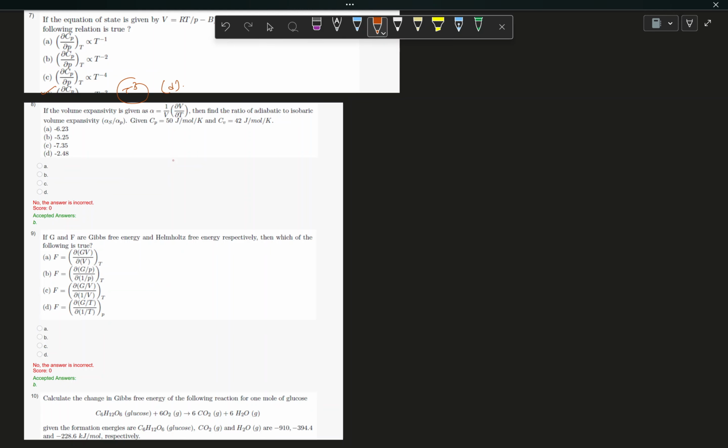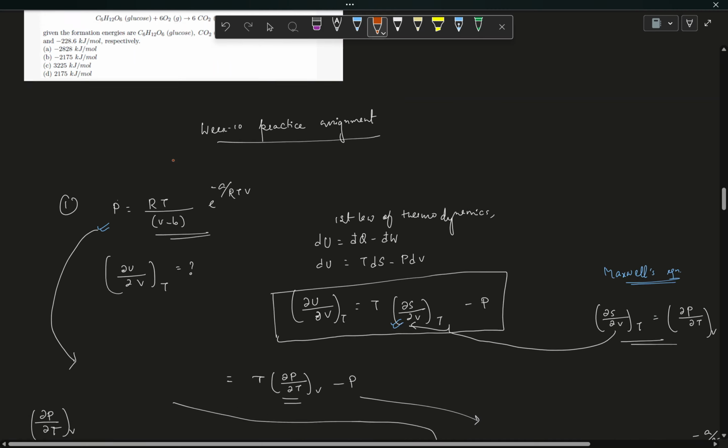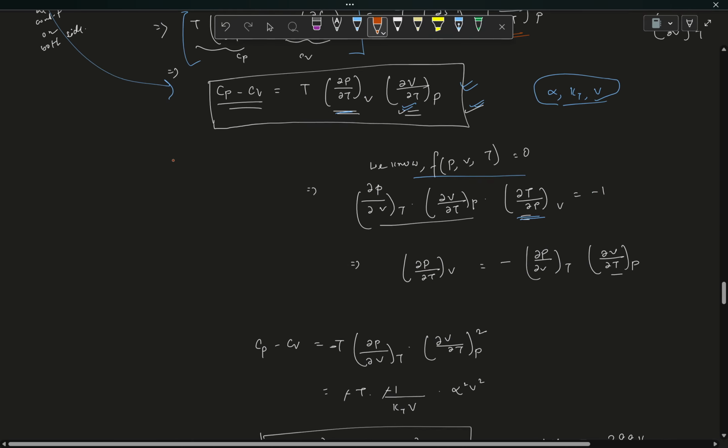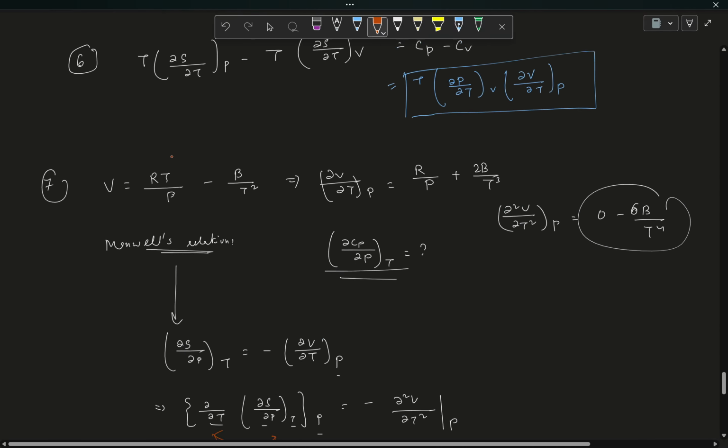Now you have the volume expansivity ratio at constant entropy S, and isobaric is constant pressure P. So you have to calculate the alpha S by alpha P ratio in terms of the known terms, Cp and Cv. These are the known terms, and you have to reconvert them to get to the final answer. So start with question number 8.